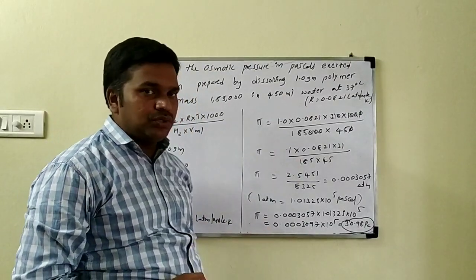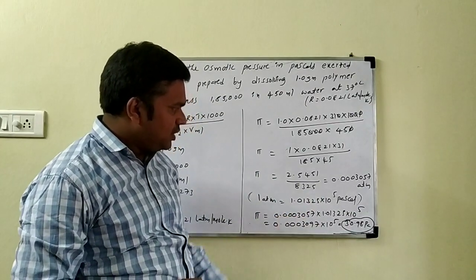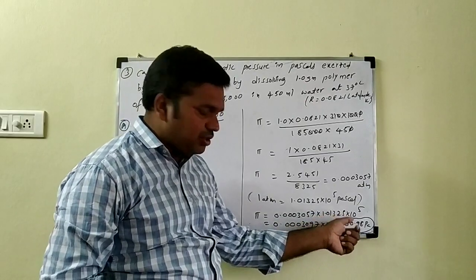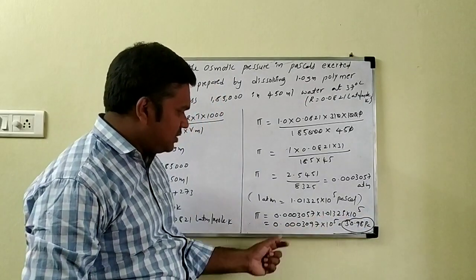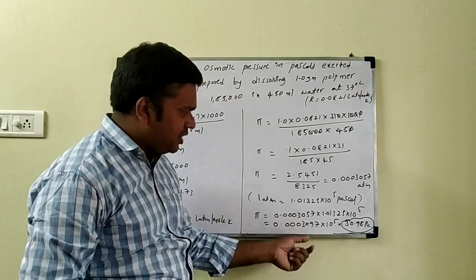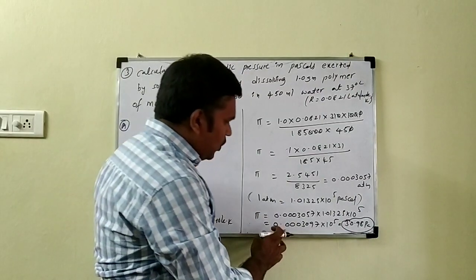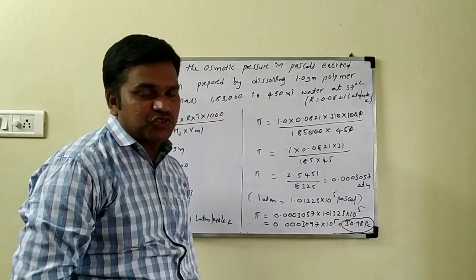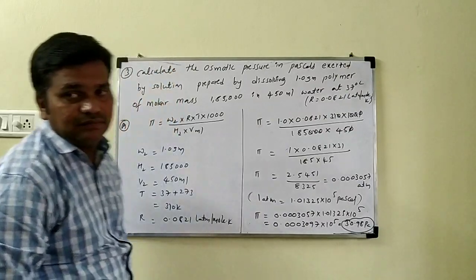So pi is equal to 0.0003057 into 1.01325 into 10 power 5 Pascal. If you multiply this, you will get 0.0003097 into 10 power 5. Multiplying by 10 power 5, shifting 1, 2, 3, 4, 5 places, you get 30.97, approximately 30.98 Pascal.